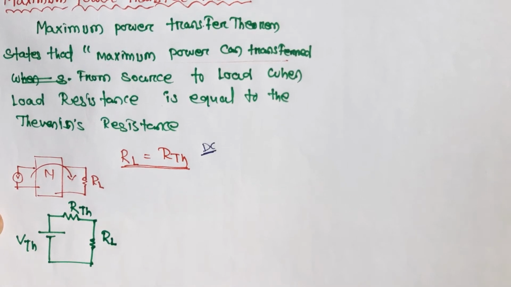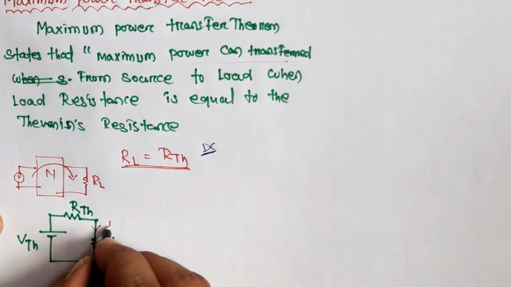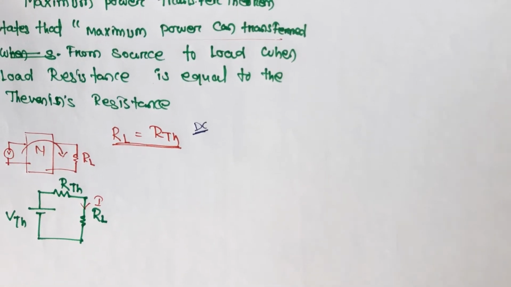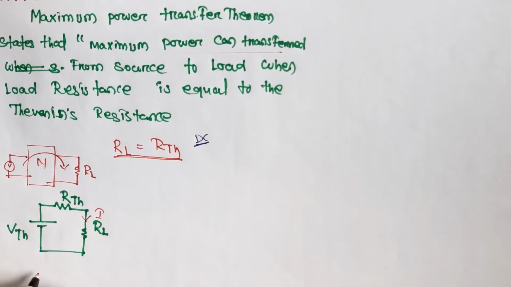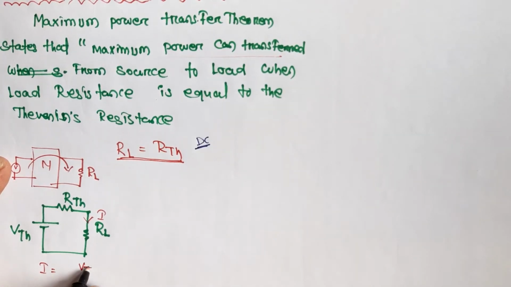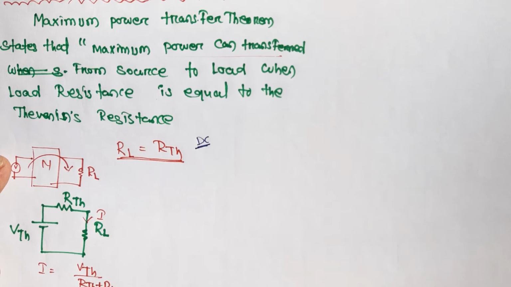Here the current I flows through this circuit. Let us find I. I is equal to VTH divided by RTH plus RL. Then the power at the load is equal to I square RL.